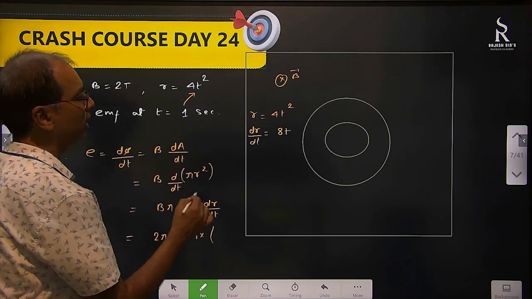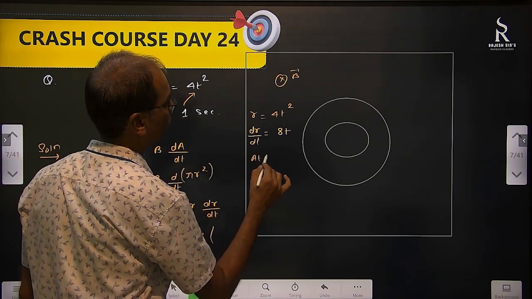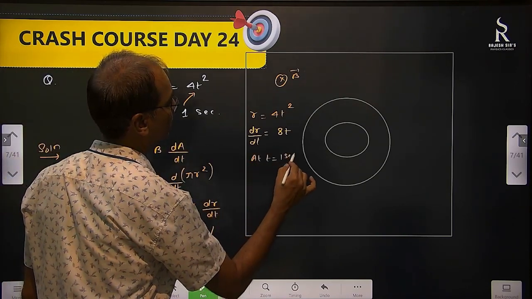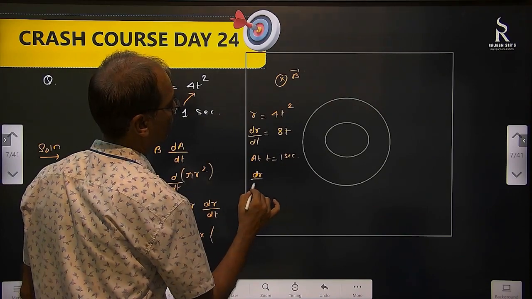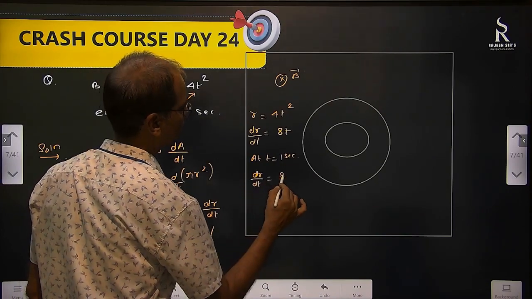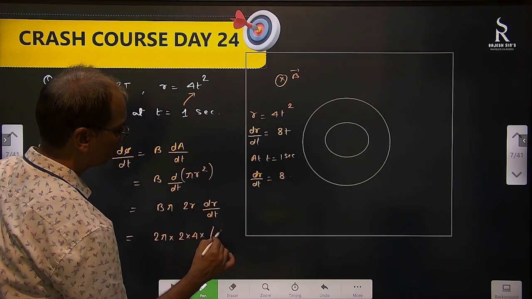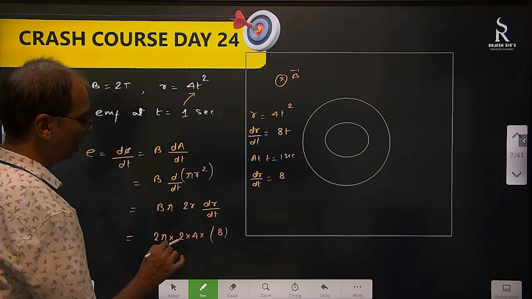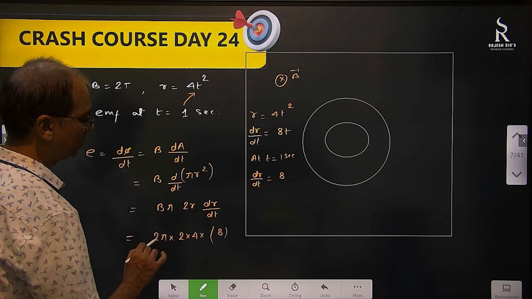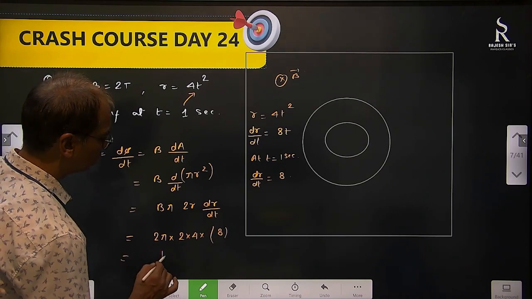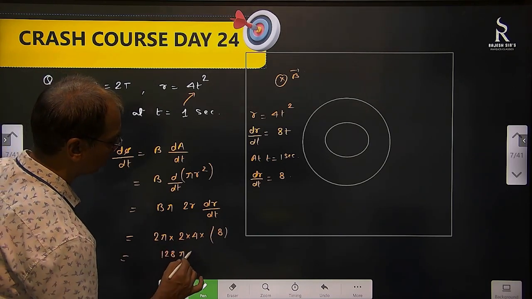At t equal to 1 second, 8t is equal to 8. So dr by dt is 8. Let's place it here. So what's coming? 8 into 2 is 16, 16 into 8 is 128. So 128 pi volt.